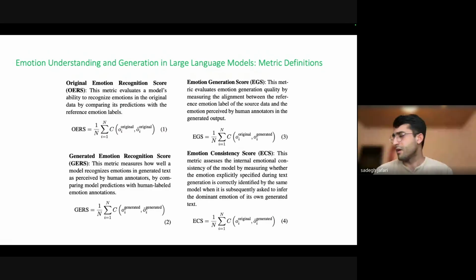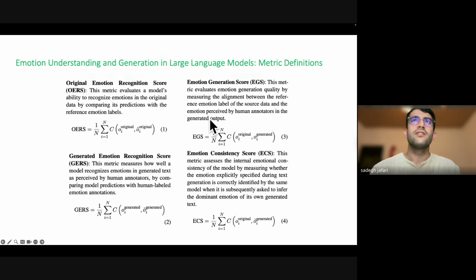For example, in most of the papers or research, if someone wants to measure emotion generation score, they measure some classification scores like emotion recognition score by using some emotional datasets, and then they say, okay, this one is the best in emotion understanding, so we can conclude that this is better in emotion generation.